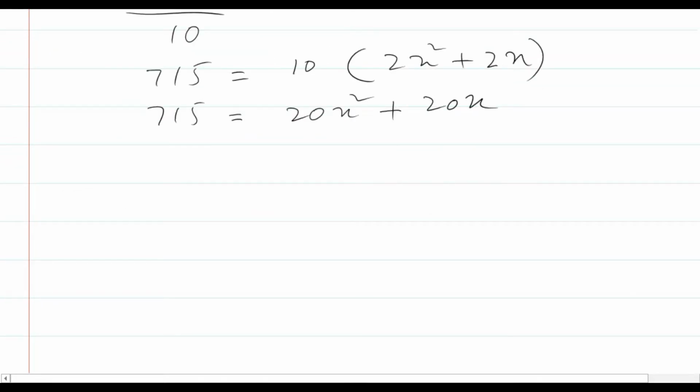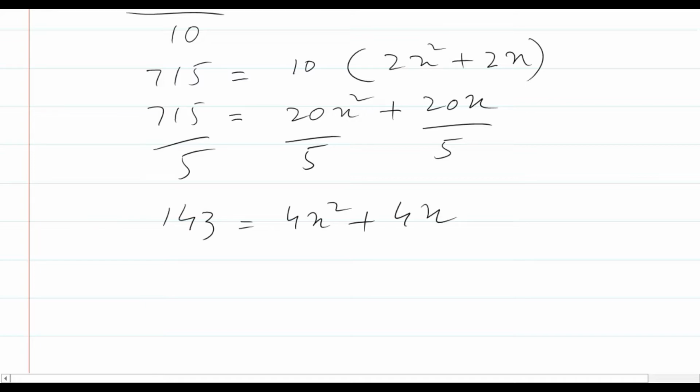Now you can divide by 5 throughout and you are left with 143 equals 4x square plus 4x. 4x square plus 4x minus 143 equal to 0.